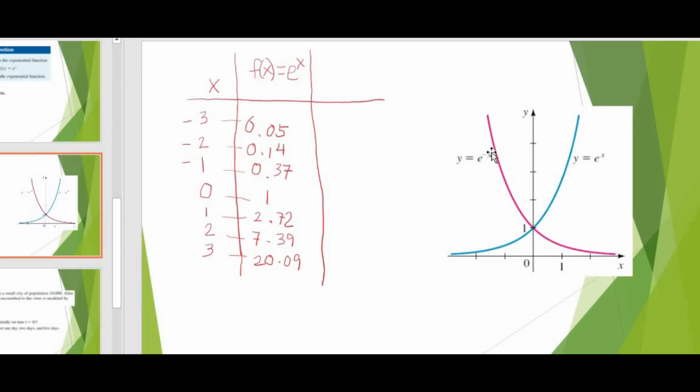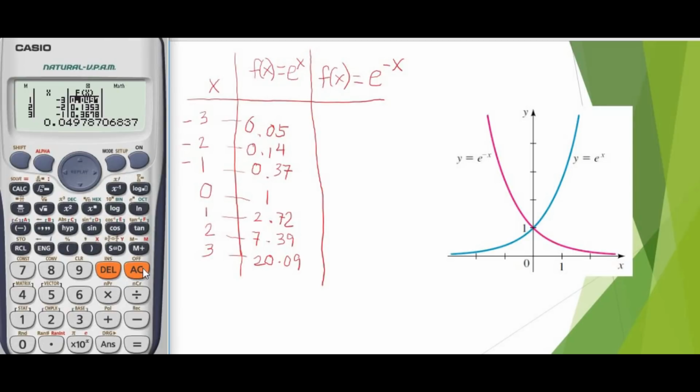And when our f of x is equal to e to the power of -x, again we'll be using our calculator. So we'll simply add a negative sign, and again we'll start with -3, we'll end with 3, and our step is 1.